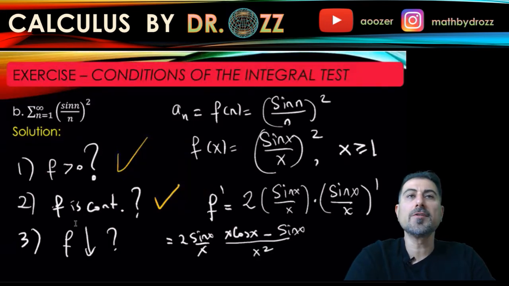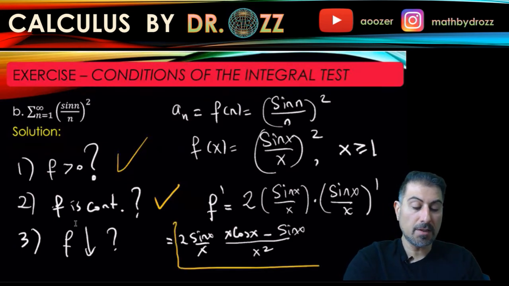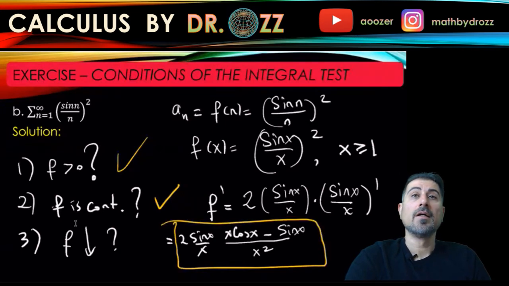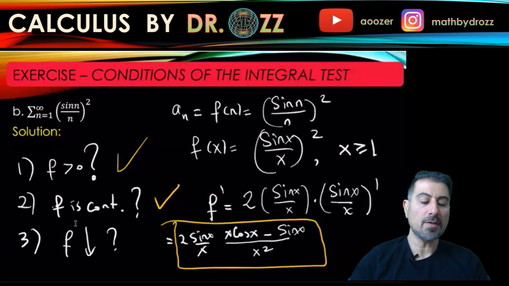All right, for this function, you are checking the sign of this expression. It's not easy to see whether it is negative or positive. I think at this moment, it's best for you to pause the video and plot this function for x starting from 1.